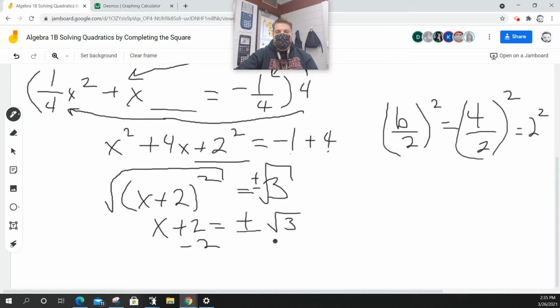Now I got to subtract 2 from both sides. I'm tired of doing math. So then I get x equals negative 2 plus or minus the square root of 3. And that is how it is done.